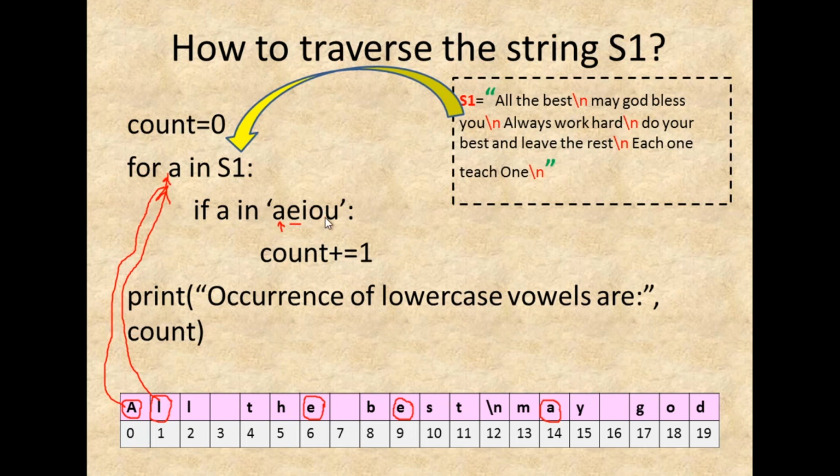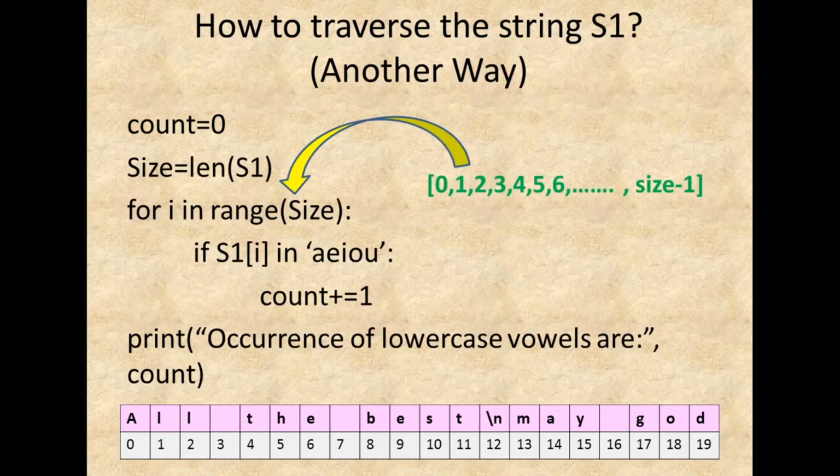There is another method where you can go by specifying the size of the string. So if I have S1 which contains the entire string of my book.txt content, I can find out what is the size of the string with the help of the len function. And then I can also place in the for loop range of size.